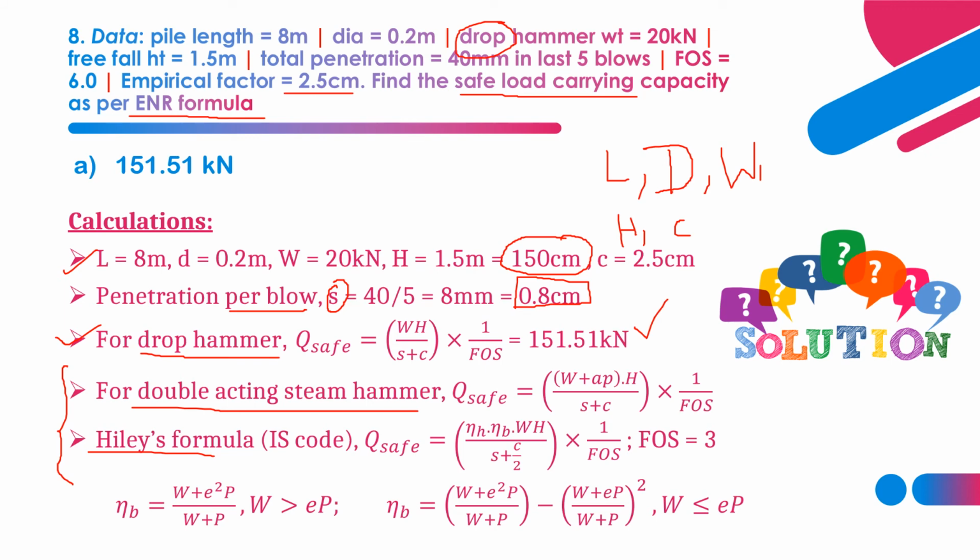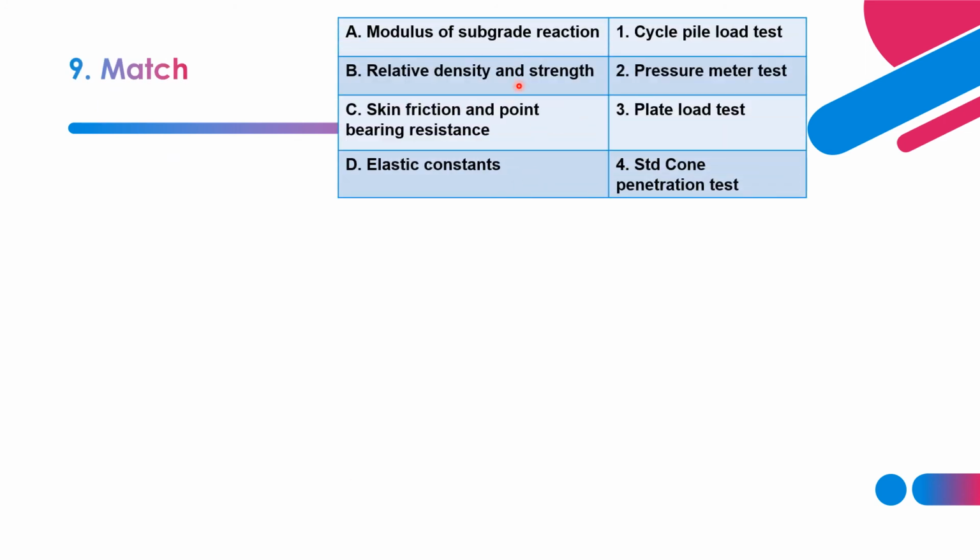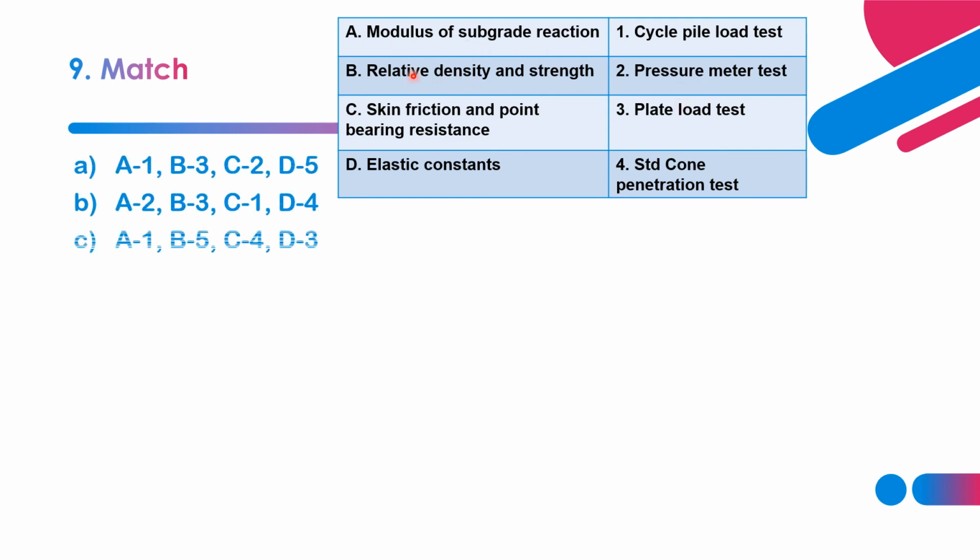Now let's move on to the ninth question. Ninth question is a match the following. You have to match the left and right hand side. Option A, option B, option C, option D. Just read the columns and give the correct match.